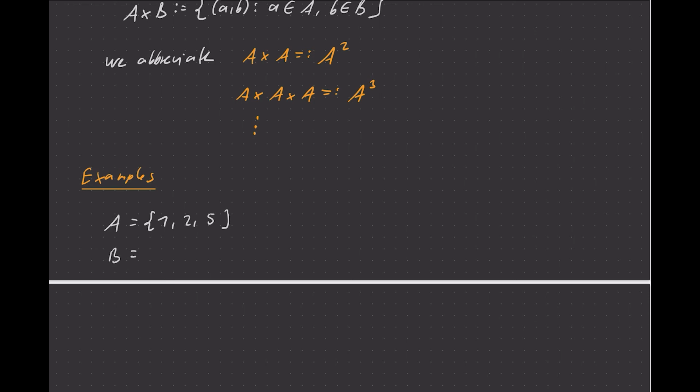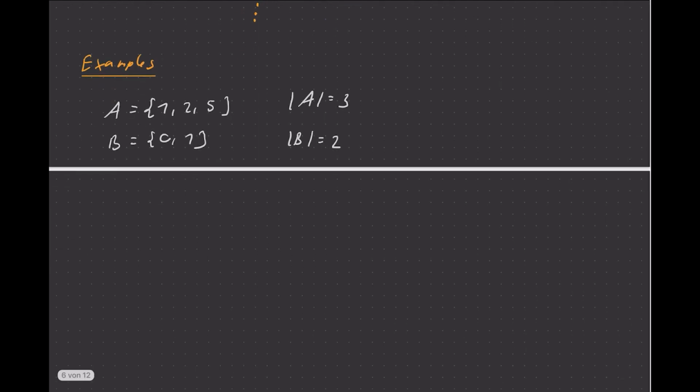And the set B consists of the numbers 0 and 1. Now the cardinality of A clearly is 3, it has 3 elements, and that of B is 2. For the power set, we just do 2 to the power of B.